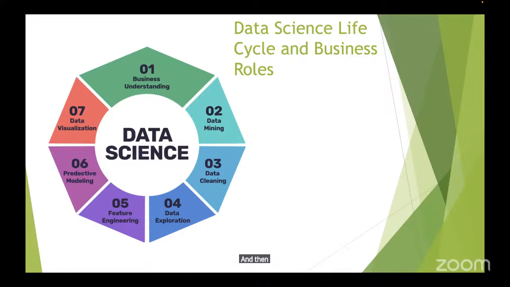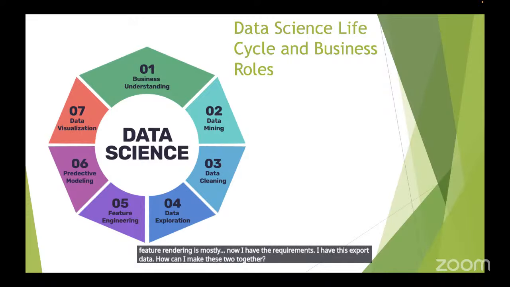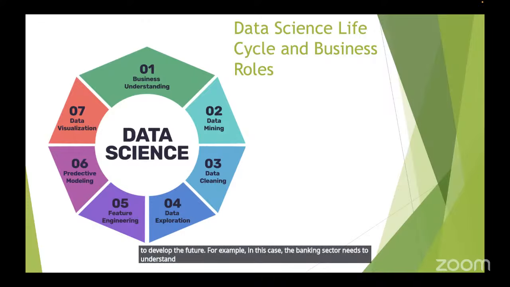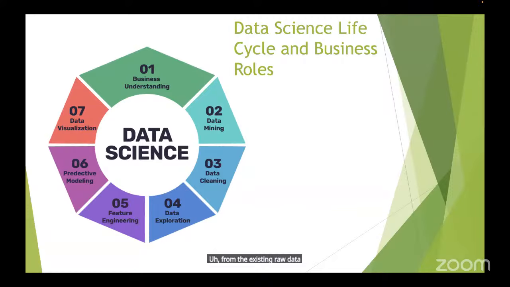And then the fifth step is feature engineering. Now I have the requirements and this explored data. How can I put these together to develop the feature? For example, in this case, the banking sector needs to understand how to bring in the customers who are willing to invest. So I can get some data from the existing raw data and get the customer base.